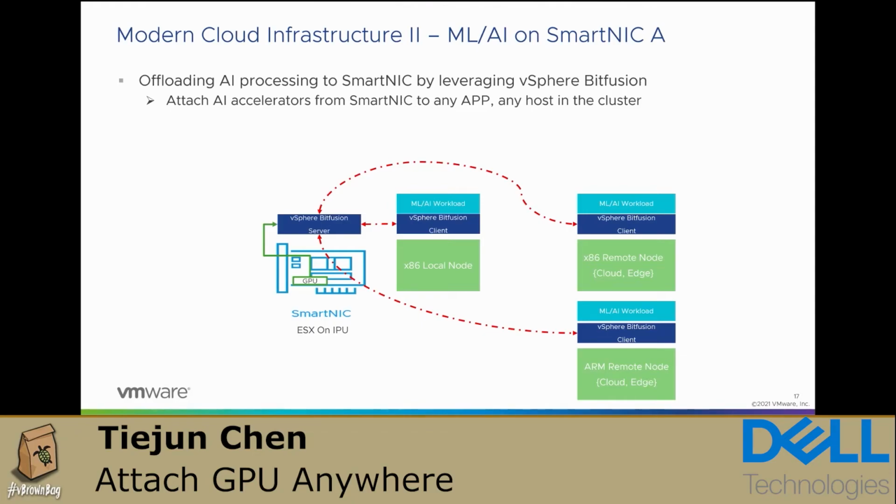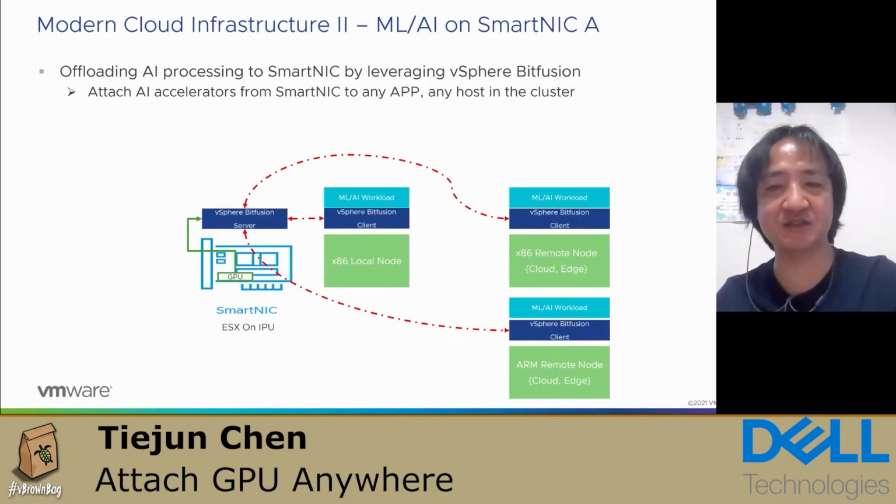And now we can attach GPU from this SmartNIC to any host in the cluster. This solution has a great advantage. If the host somehow is compromised, our SmartNIC still can help our VCF, or VMware Cloud Foundation, to provide AI functionality to any host, any application in the cluster.